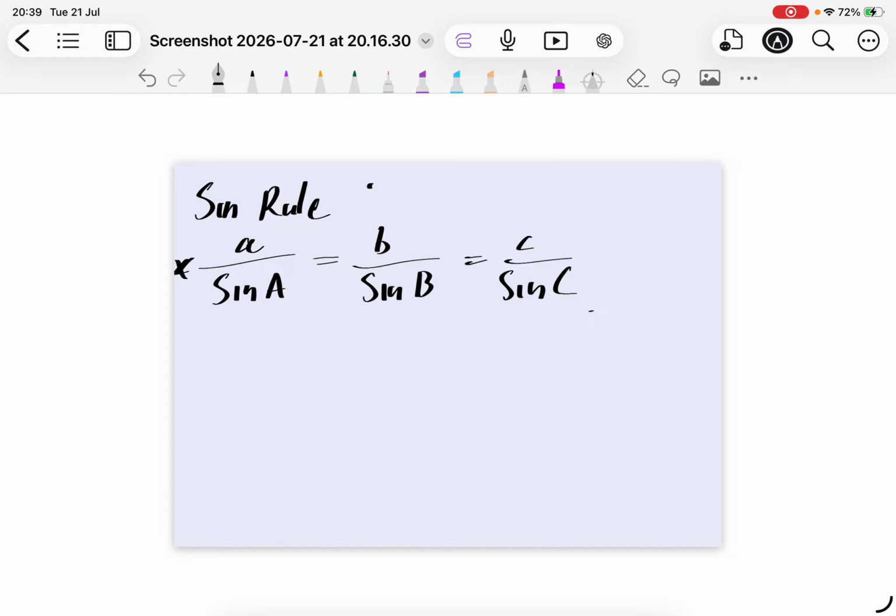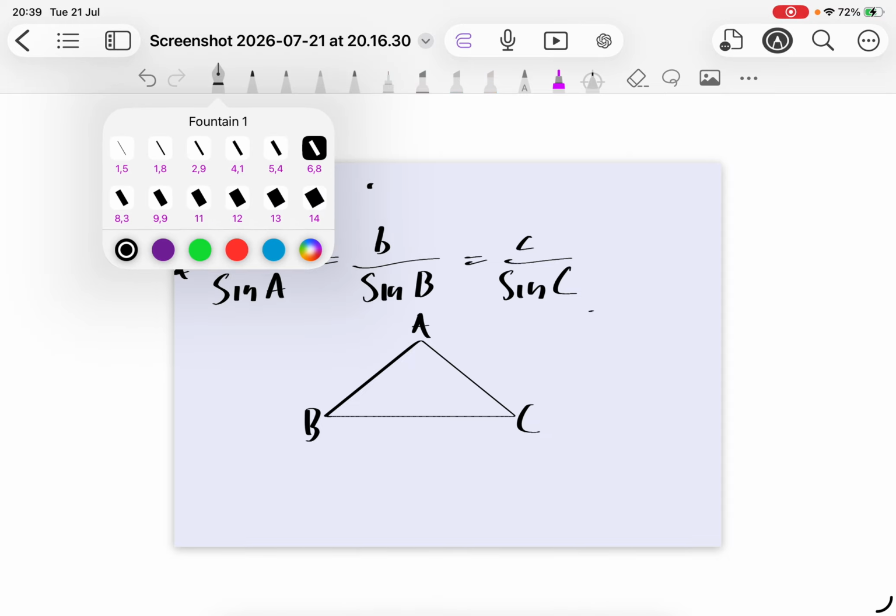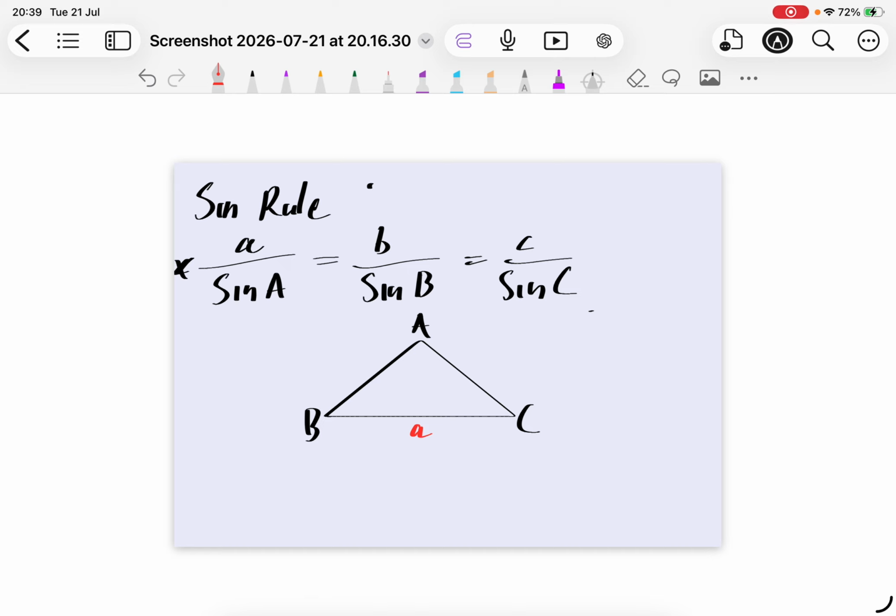If I can just depict that in a drawing, let me quickly get a drawing here. It's saying that if I am given A, B, C as angles, obviously the opposite side of A is then what? I'll write it in a different color. A, opposite side of C is small c, opposite side of B is small b.